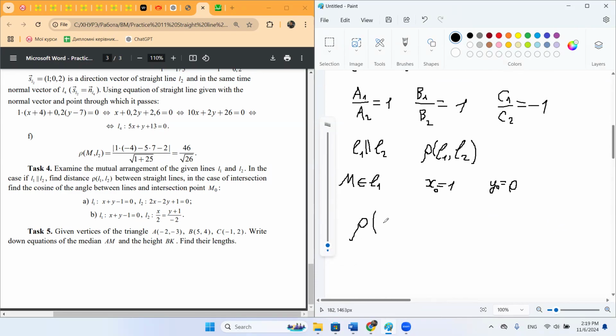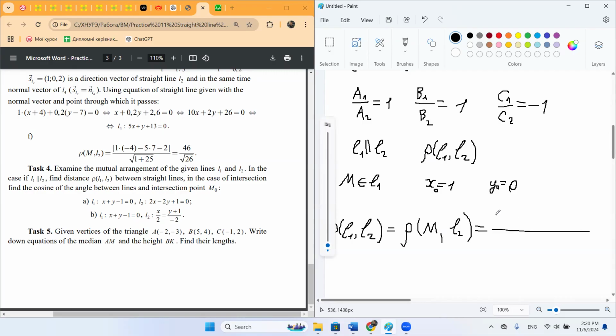So the distance between these lines will be calculated as the distance between point M and L2.